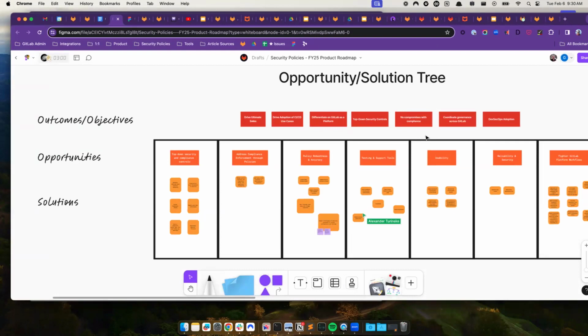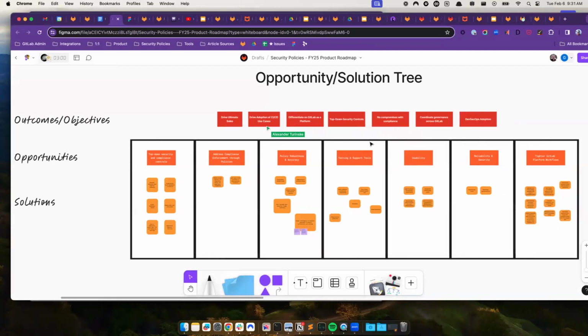What are some of the key drivers from a business standpoint? And then there are of course customer needs and problems and demands. But I'm trying to highlight from the top level view some of the outcomes and objectives that we want to influence. And the way I think about it is, there are multiple ways to solve a problem.